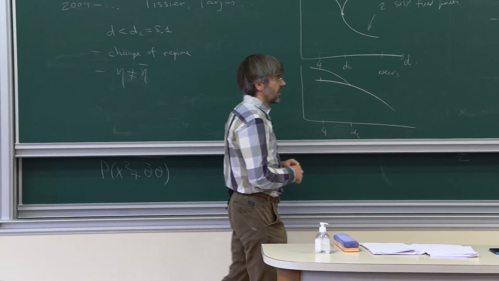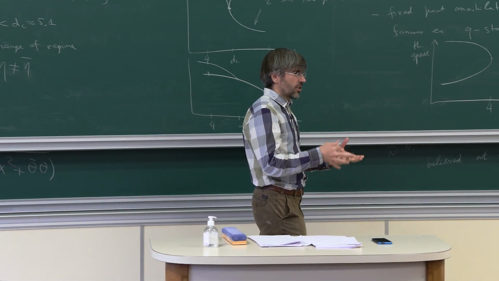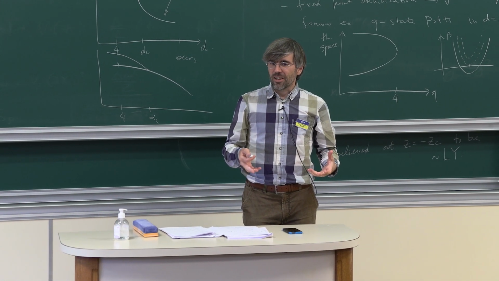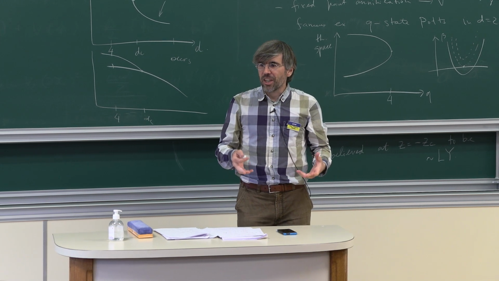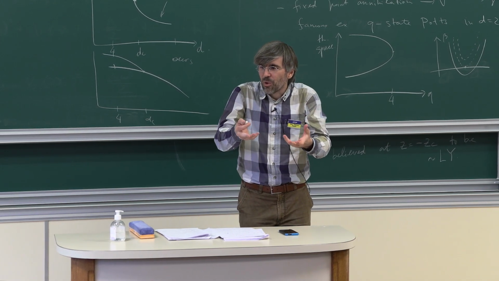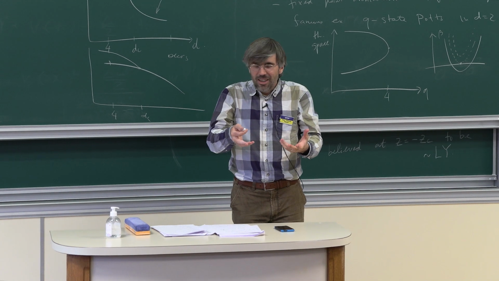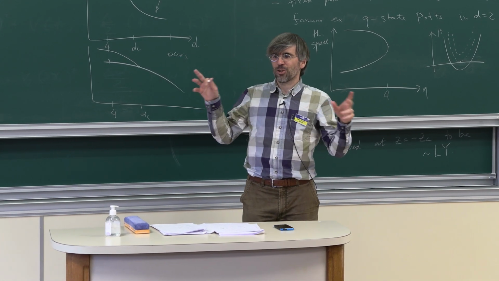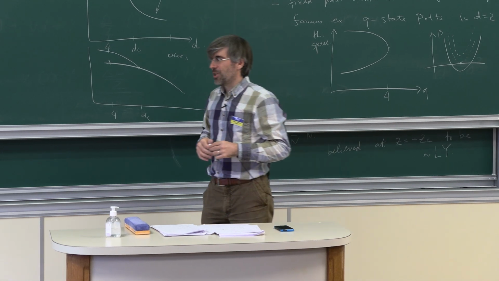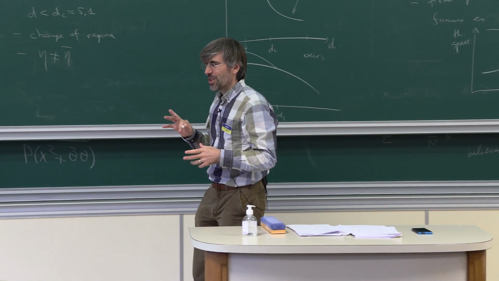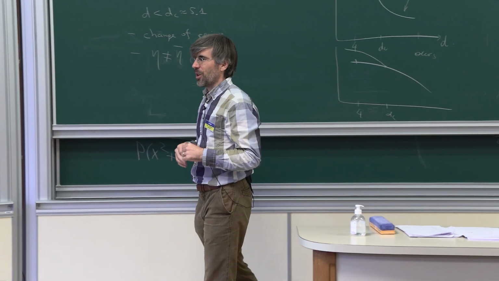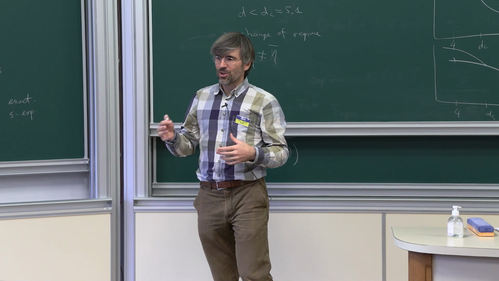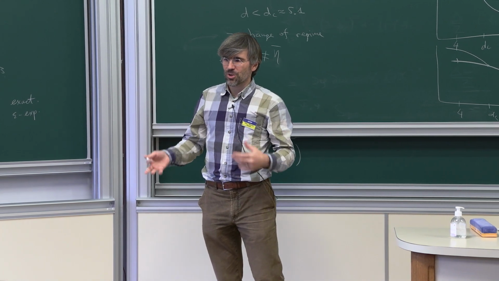proceeds as follows. They take the Parisi-Sourlas supersymmetric action, and then they replicate the Parisi-Sourlas supersymmetric action once again, and then they put into it some extra terms which are motivated by some physics arguments related to the fact that the stochastic differential equation may have different solutions, so it would be nice to suppress some of those solutions.